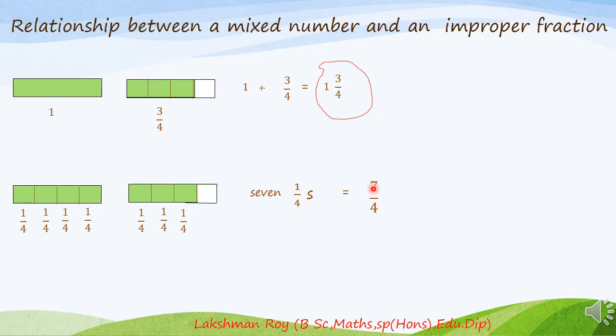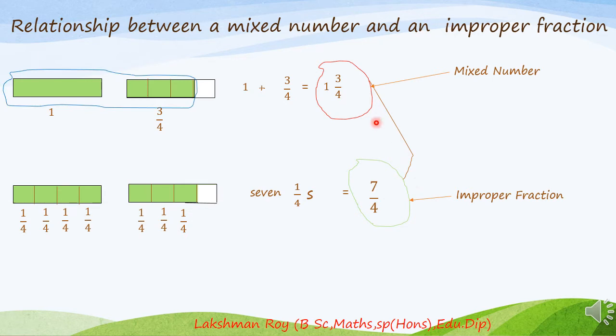So this is a mixed number, and this one is an improper fraction. What can you see? What is the relationship between these two? You can see this colored part and also this colored part. What can you say about them? These two are the same. Same colored part, same figures.